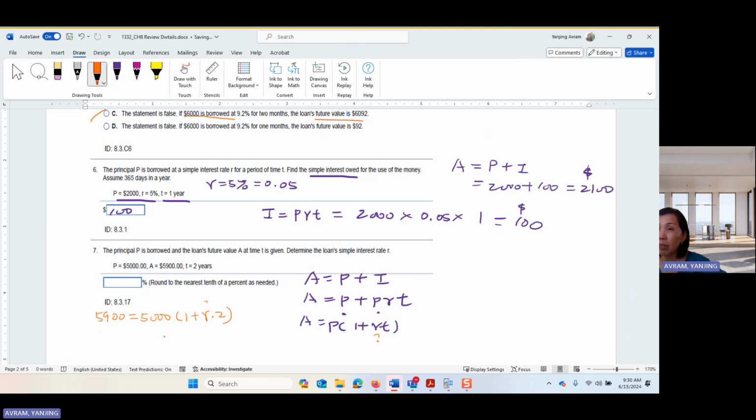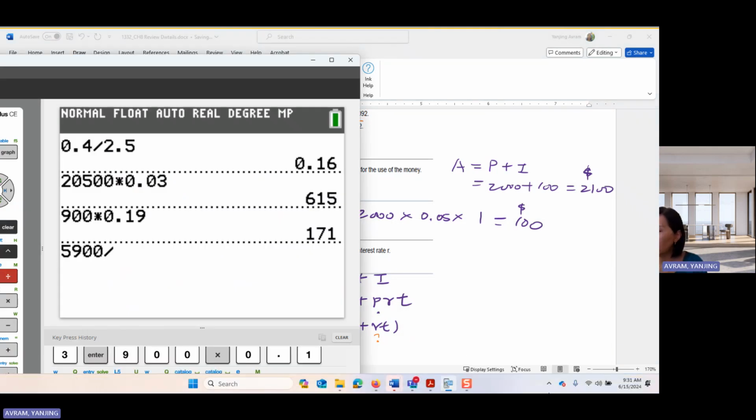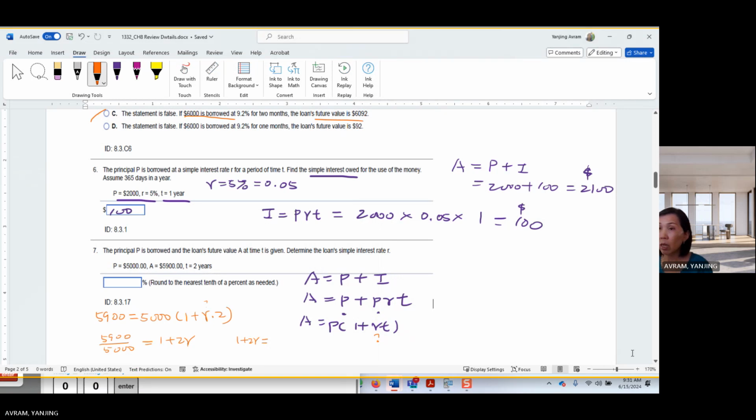So right now we need to find the R. We can divide by 5,000 on both sides first, okay, that makes it easier. This 5,000 is gone, so that is 1 plus 2R, and we want to find the R. So we have 1 plus 2R equal to 5900 divided by 5,000, which is 1.18.